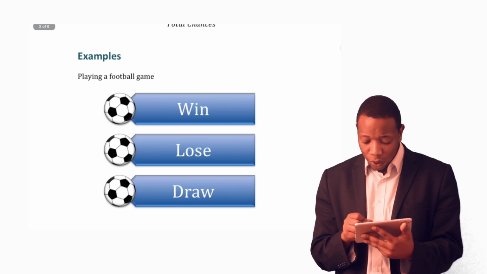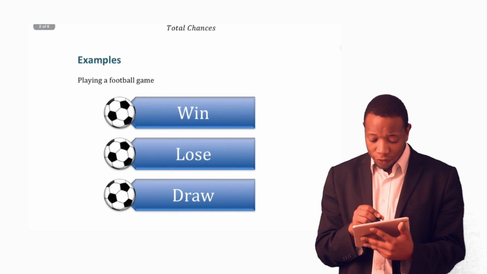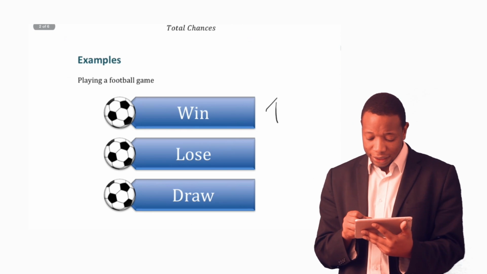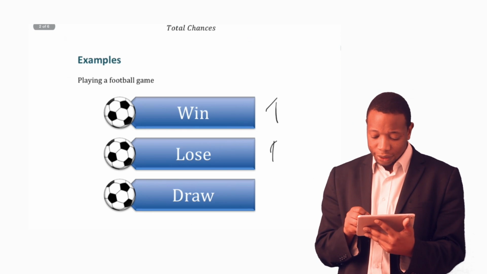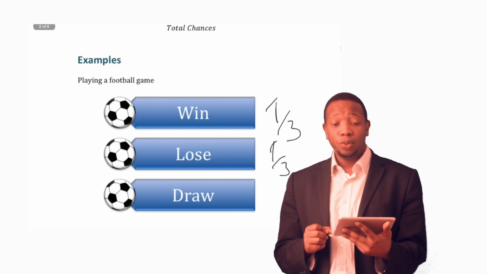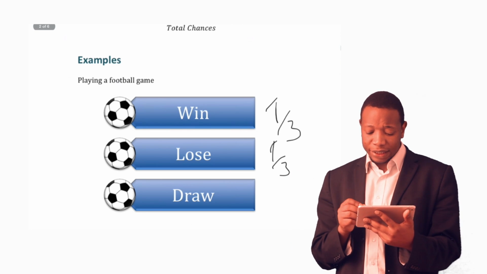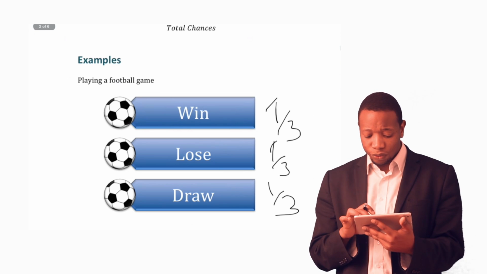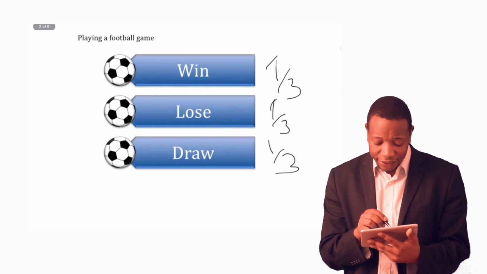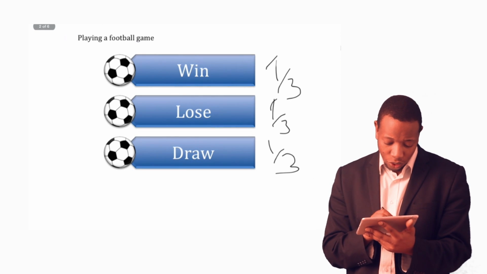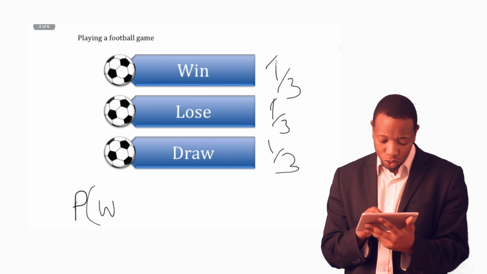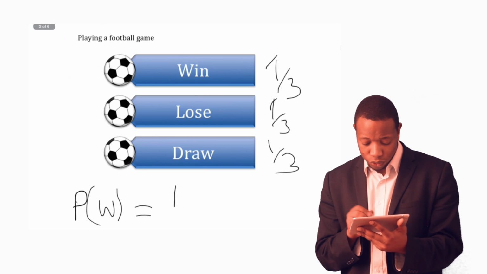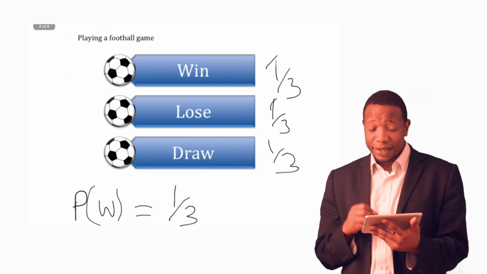You have one chance of winning out of 3, so the probability of getting a win would be a third. If we write it down, the probability of a win is equal to the number of chances divided by the total number of chances. So that would be a third.